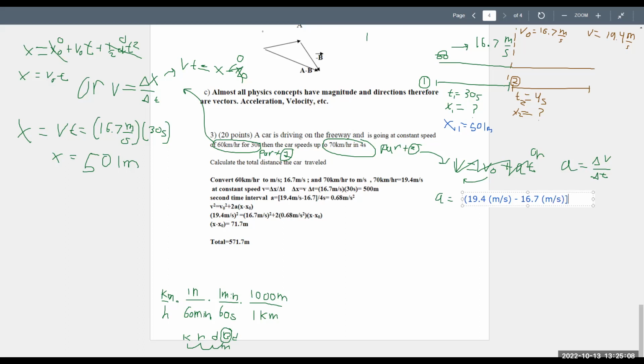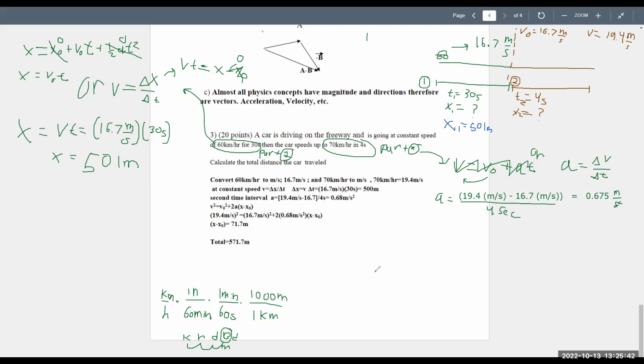And then you're going to do all of that. I'll plug it in later. Over T. And that's going to give you, what did I get? 0.675. And I'll write in the units later. Over 4 seconds in meters per second squared.